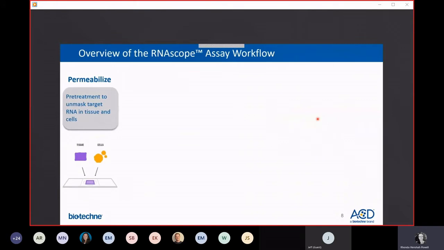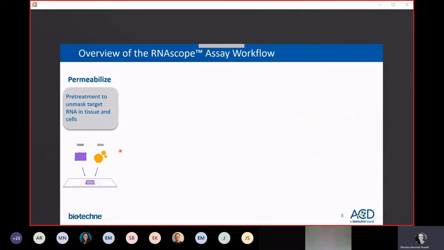An overview of the RNAscope workflow shows that the process is somewhat similar, I'd say, to traditional in situ. The assay starts with permeabilizing the sample with pretreatment reagents to unmask RNA in the sample and allow probes to hybridize to target RNA.